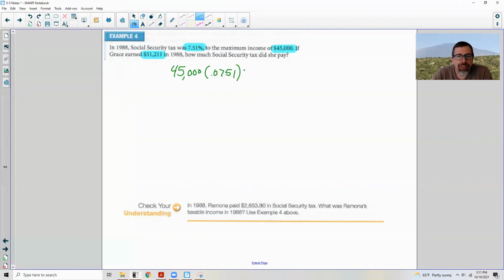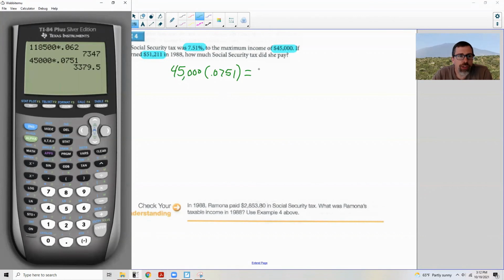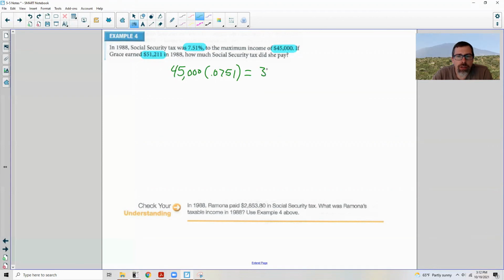Or I'm sorry, yeah, not 3/4. 7.5%, not 75%. So $3,379.50. Okay, so that is how much you paid, because once you get to 45, the other $6,211 she made after 45 will not be taxed because she maxed out.